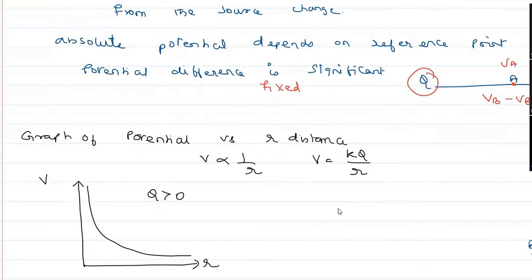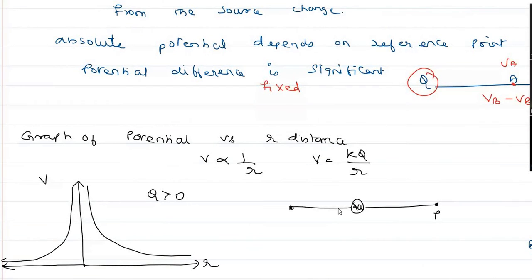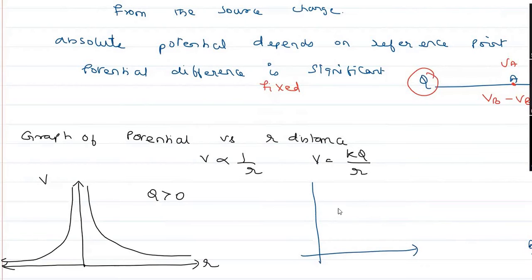Clear, ma'am? Here we have the Cartesian system. You need not draw on one side; you can draw on both sides, because from the positive charge, if you take this point, here also the potential will be there, and here also. It will be the same on both sides, spherically symmetric. In the exam, if they ask for a single side, the first quadrant is more than enough.